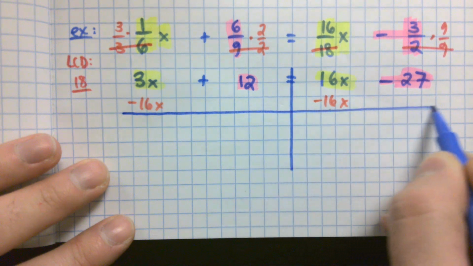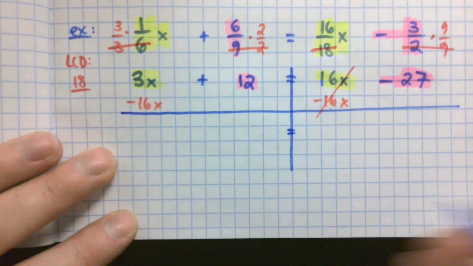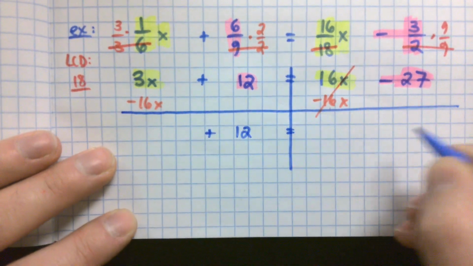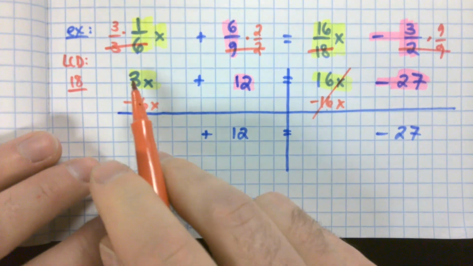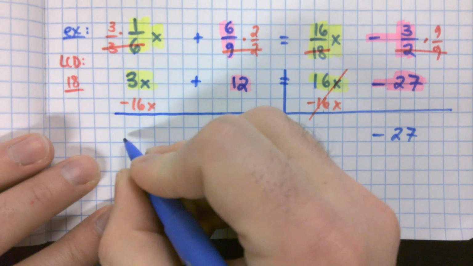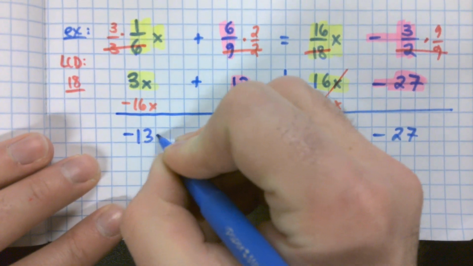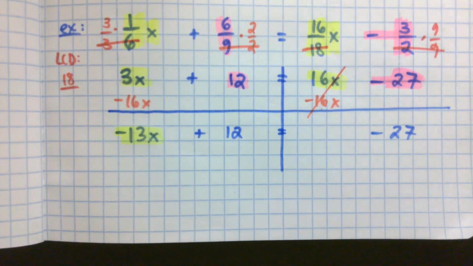Cross those out. What's 3x minus 16x going to give me? Perfect. Thank you, guys. Negative 13x. Got a new variable term.